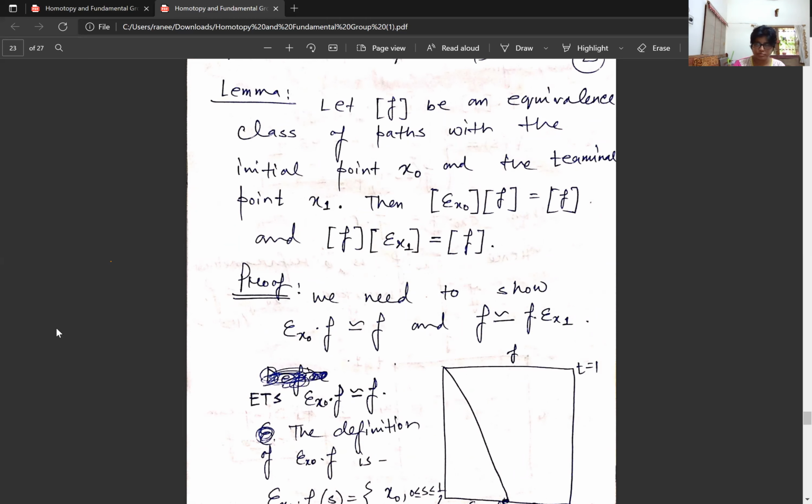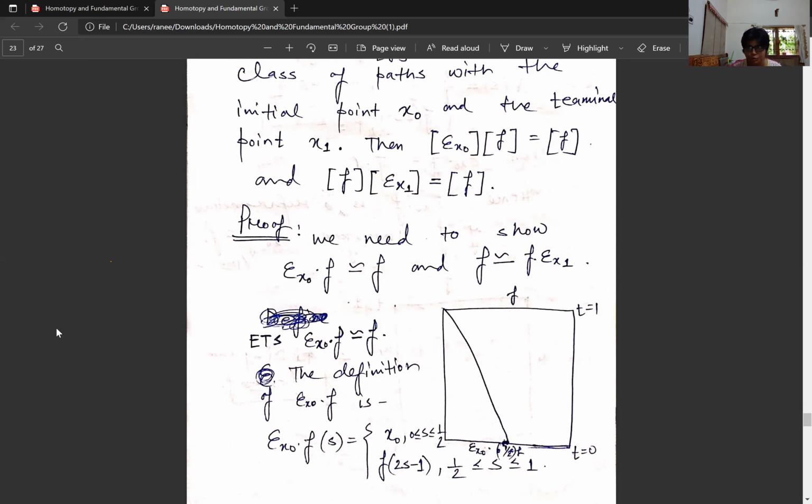Okay, so now how to see this? I have a constant path at x naught and I have f. So what does it mean? What do we need to show here?